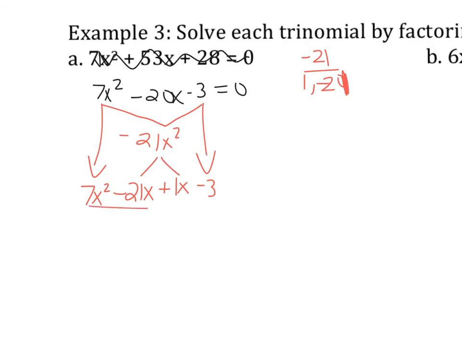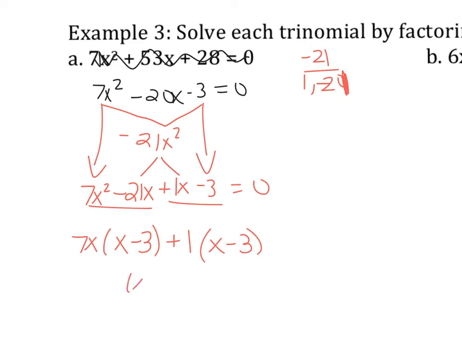And then we're going to go ahead and factor by grouping. So we pull out a 7x, gives us x minus 3. Pull down our plus sign. Notice that there's nothing in common between these second 2 terms, so we're just going to put a 1, which doesn't change anything about them.